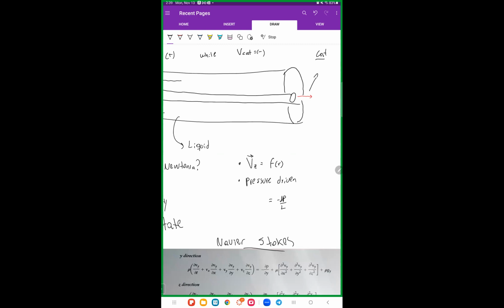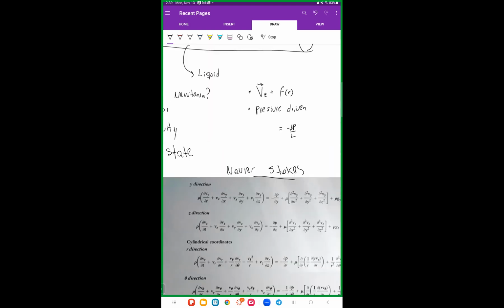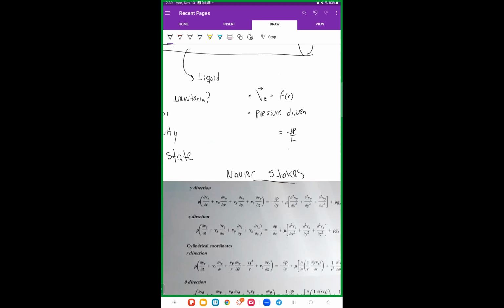Yes. And that is equal to which term in our Navier-Stokes equation? If I were to substitute this value, where would I put it?